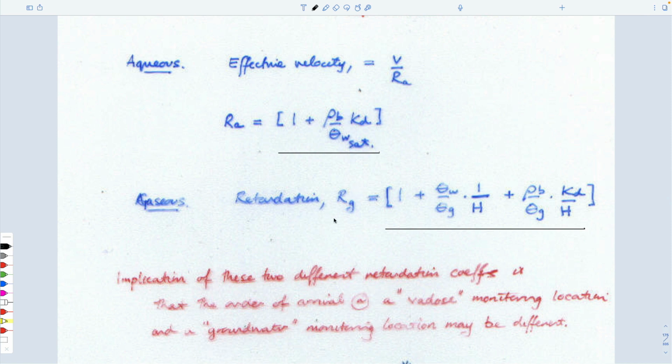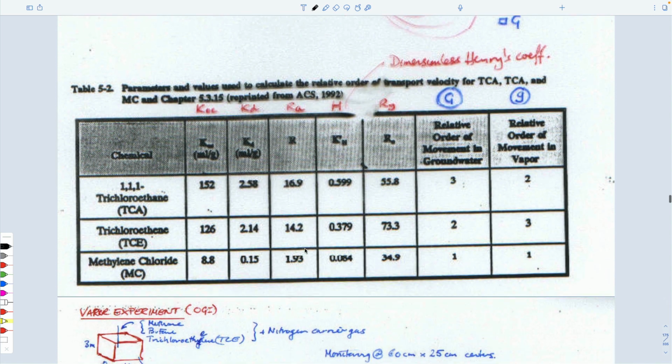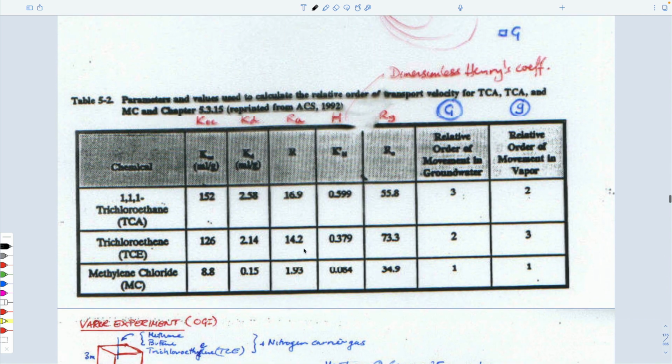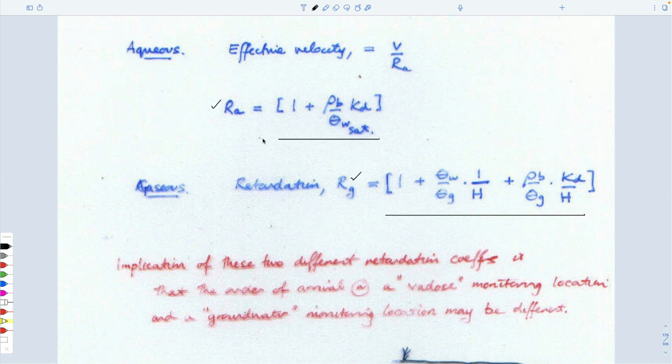And I suppose in the saturated part of the aquifer, this will dominate. And in the vadose zone, this will control behavior. And so what you could do is go through this thought exercise to look at what the magnitudes of these retardation coefficients are in each of these portions of the subsurface, above the water table and below the water table.